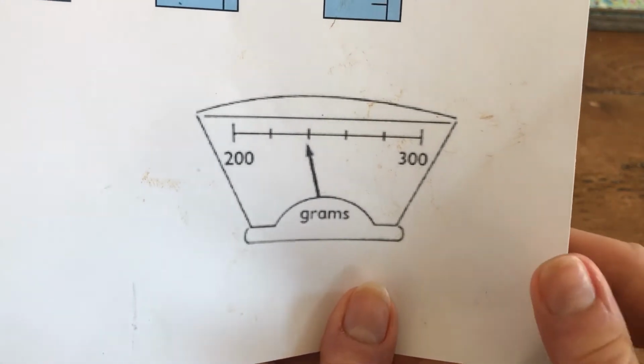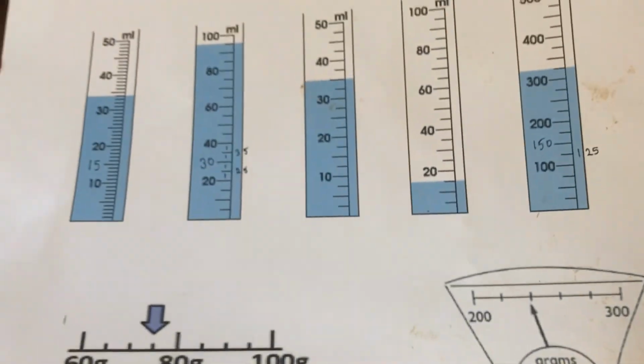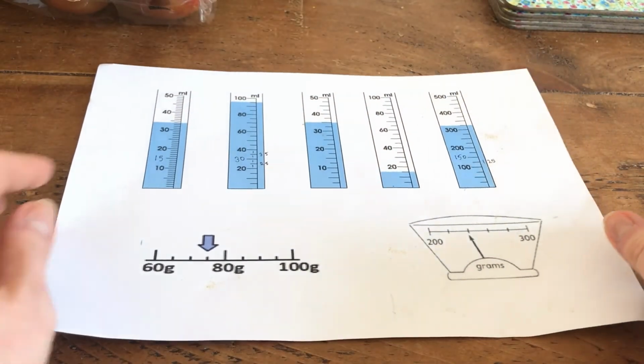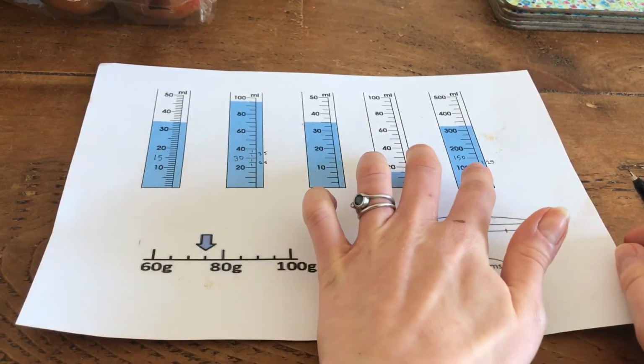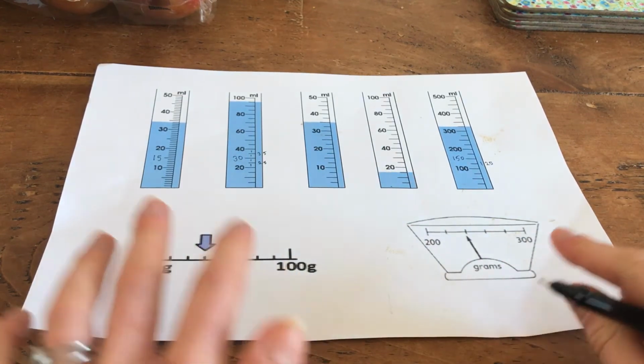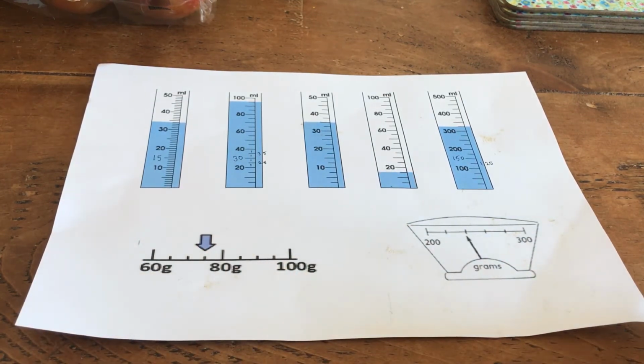Okay, now what I'm going to do is I'm going to put up on the screen a picture of these 3, then these 2, and then these. And I want you to work out what the measurements are showing. Okay, so where the water is up to or where the arrow is pointing to. I would like you to pause the video so you can work it out, because after 5 seconds the picture will change and will reveal the answers.